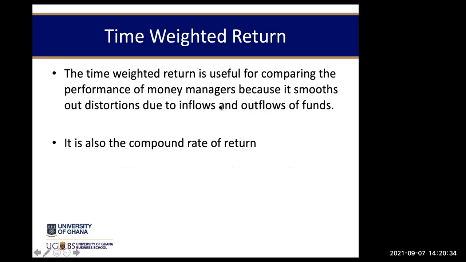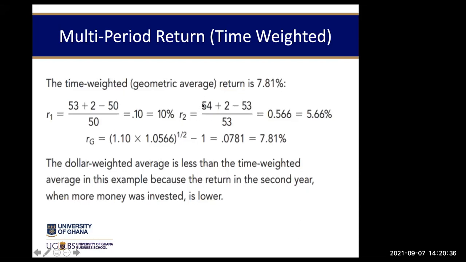Here you notice that we didn't use 108. We used 54. For the dividends, we didn't use 4. What did we use? We used 2. So please note there's a difference between the dollar weighted return and the time weighted return. For time weighted return, we are assuming we own one stock, or 1 share.